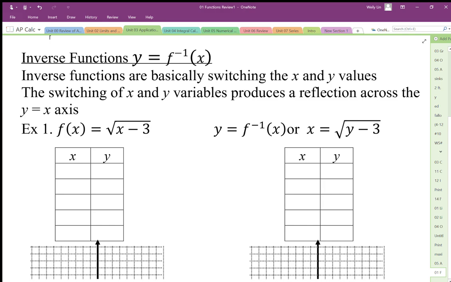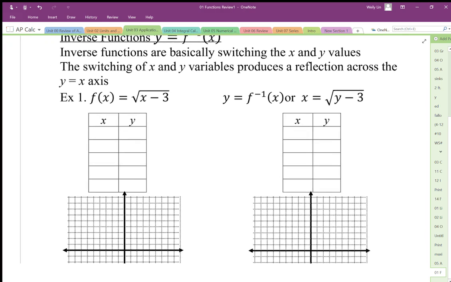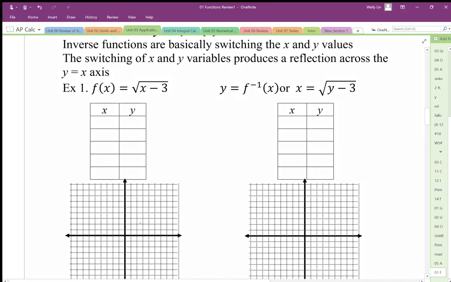If I'm going to draw this, I'll draw my points in here. At x is 3, y is 0, x is 4, y is 1, and let's use one more point, x is 7, y is 2.